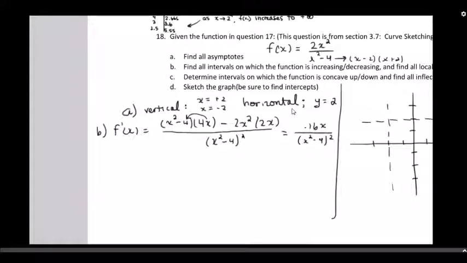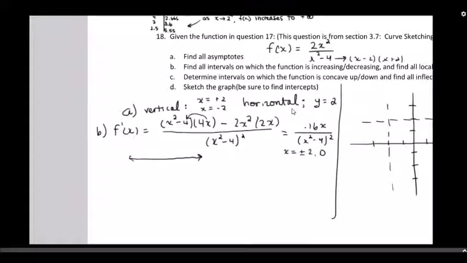So critical numbers are going to be x equals plus or minus 2 so far. And then a rational function such as this one, if we set it equal to 0, equals 0 only if the numerator is equal to 0. And in this case, the numerator equals 0 when x is equal to 0. So those are my critical numbers.